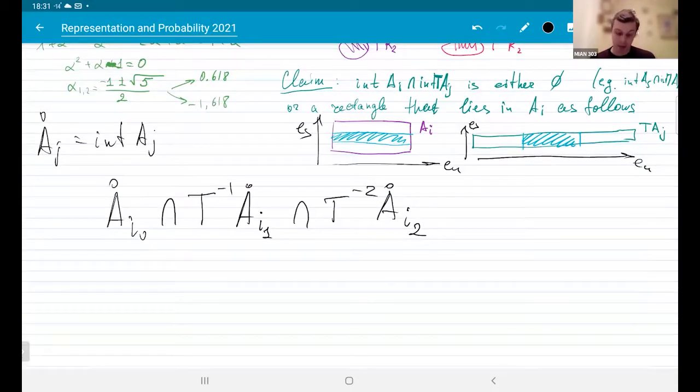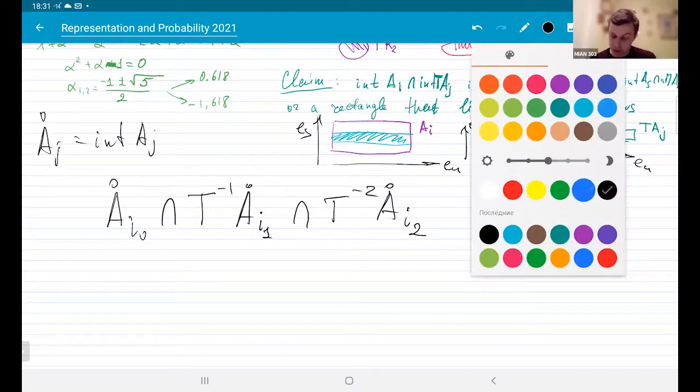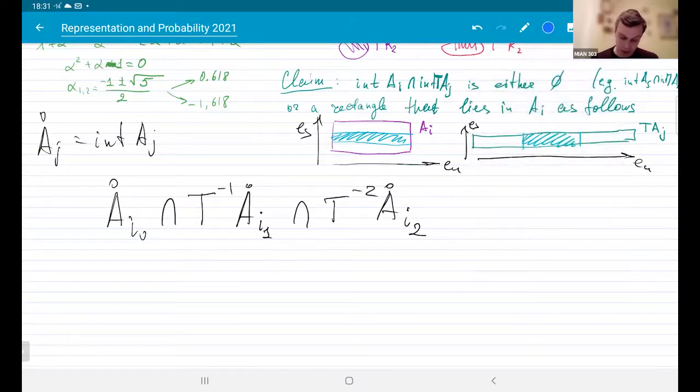Okay. In fact, we have already proved some of this. So let me start with this rectangle.